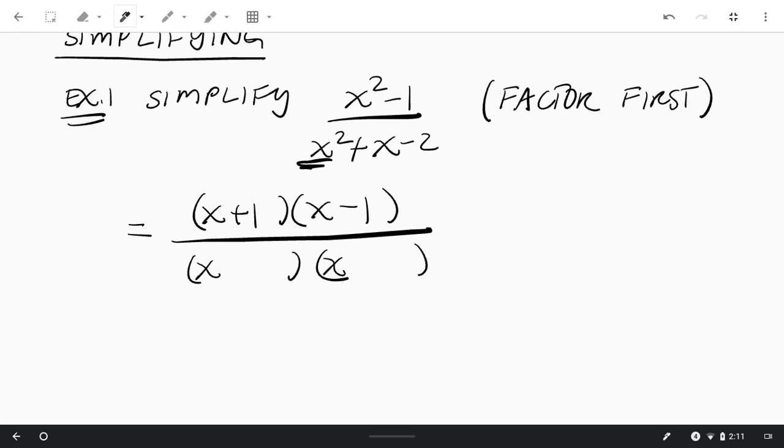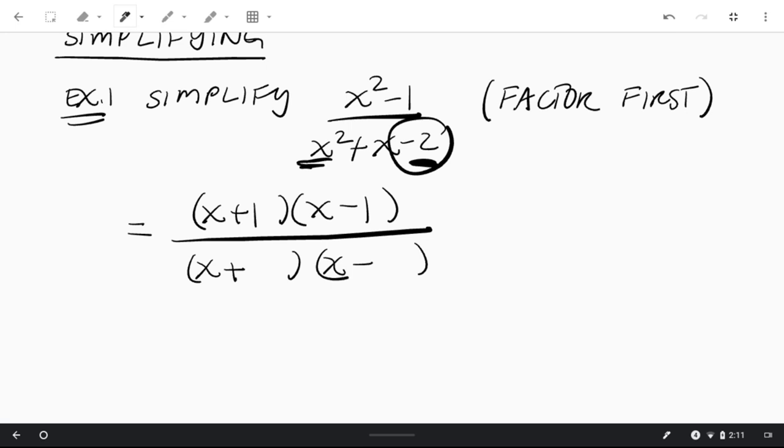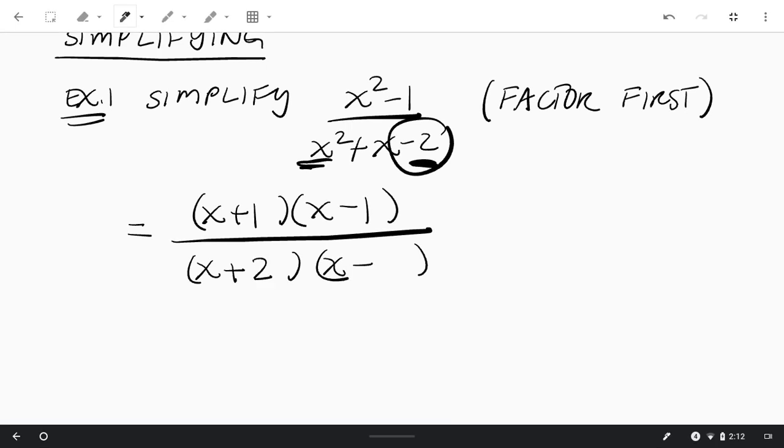Now we need to make -2. We know that the signs have to be different in order to make negative. If they're the same, positive, positive, we get +2. If they're both negative, negative, we also get +2. But we want -2. So what times what is -2? That would have to be 2 times -1.